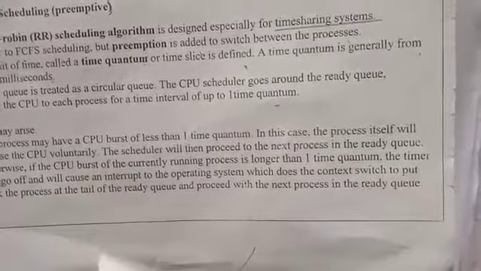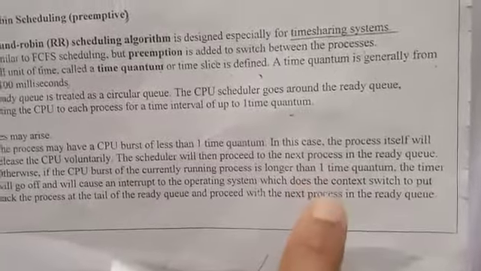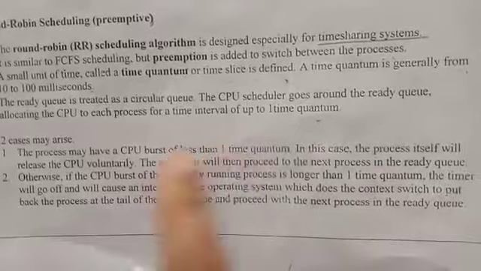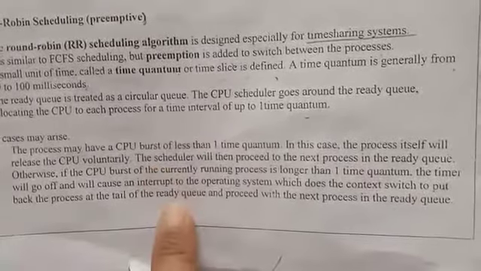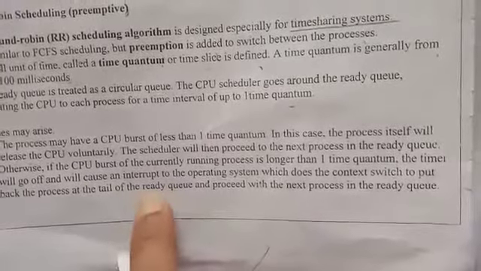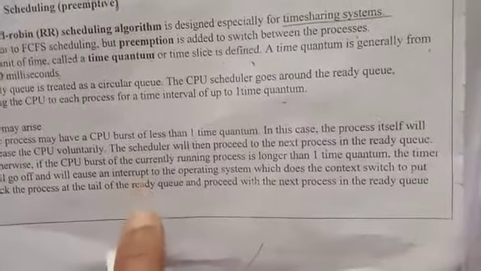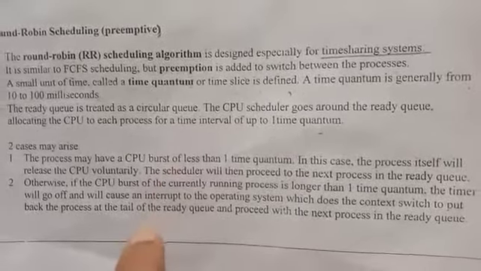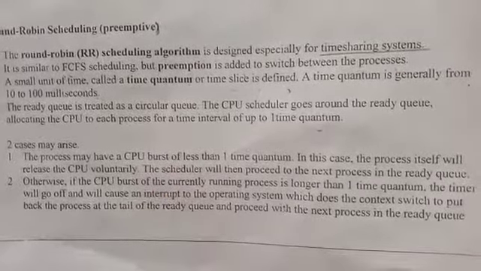In that case, we have to forcefully preempt it. We need to forcefully stop the execution of the current process and give the CPU to the next process, and this preempted process is put back in the ready queue, so that it gets the CPU in the next round for the time quantum we have specified. So these are the two cases we need to remember under RR scheduling.